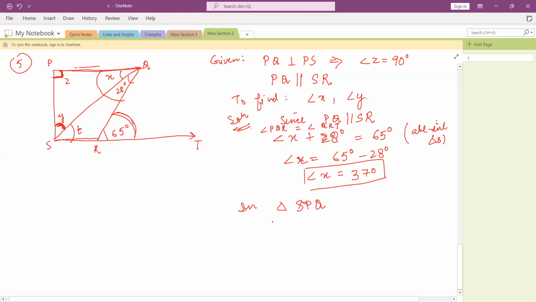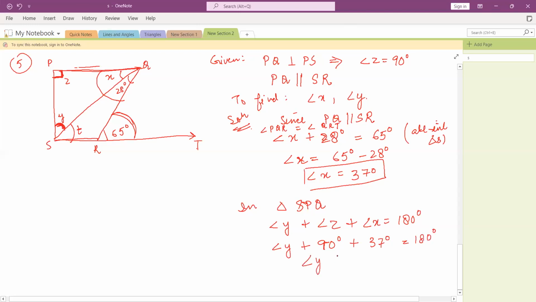So angle X is known, angle Z is known, so we can find angle Y, right? So angle Y plus angle Z plus angle X is equal to 180 degree. Now angle Y we have to find out. Angle Z is 90 degree, which is given, plus angle X is 37 degree, equal to 180 degree.